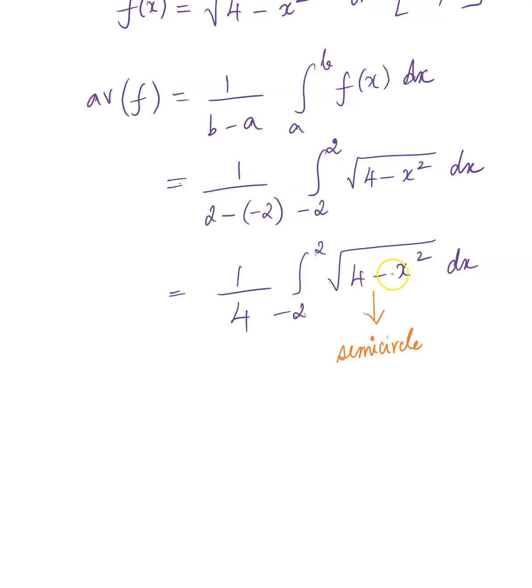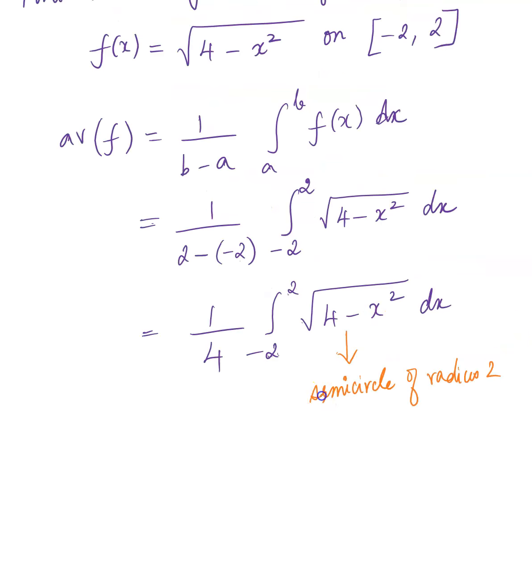And it's a semicircle of radius 2. How do we know that? Well, we know the equation of a circle with center 0, 0 is x squared plus y squared equals r squared. Here r squared would be 2 squared, which is 4. So y squared will be 4 minus x squared, and y is plus or minus the square root of 4 minus x squared.